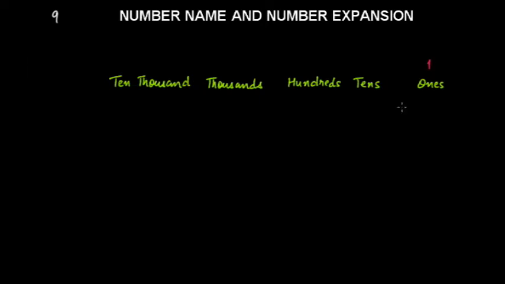Its value is 1, its value is 10, like I'll write in this way, 10 into 1 is equal to 10. 10 multiplied by 10 is equal to 100. 10 multiplied by 100 is equal to 1000, and 10 multiplied by 1000 is equal to 10,000.